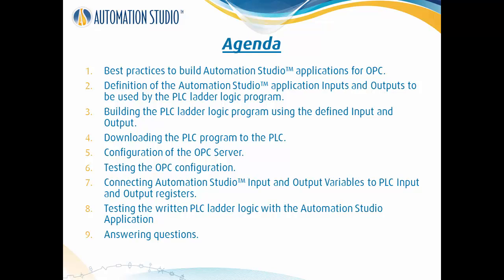Then we'll be downloading the application to the PLC, and then we configure the OPC server and test the OPC configuration. After that, we'll connect Automation Studio input and output variables to the PLC input and output registers, and then we'll be testing the ladder logic with the Automation Studio application.